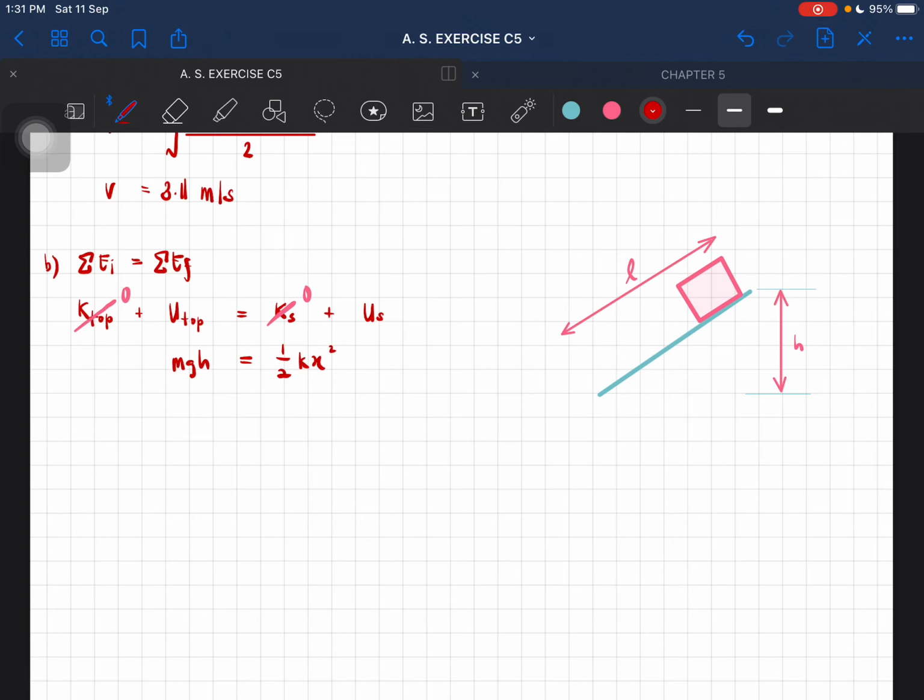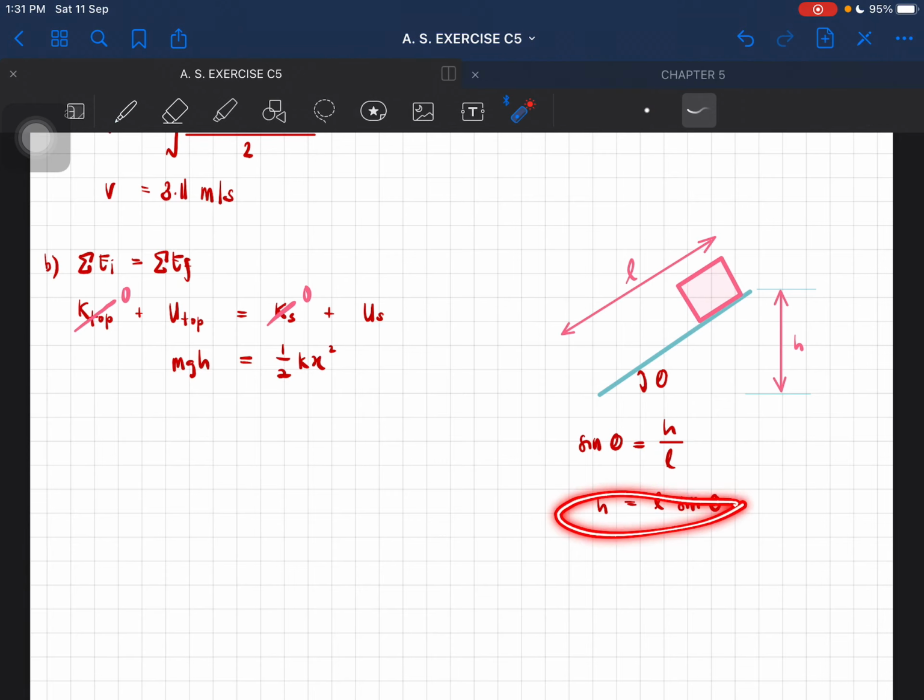The value of h is equal to L sine theta. How did I reach h equal to L sine theta? By using trigonometry. This is our theta. Sine theta is equal to opposite, which is h, over the hypotenuse, which is L. Rearranging, we get h equal to L sine theta.